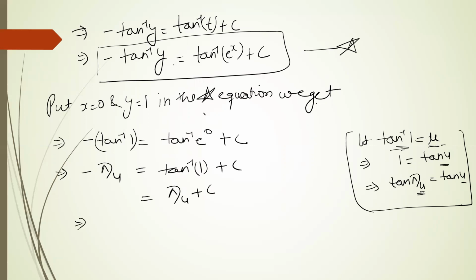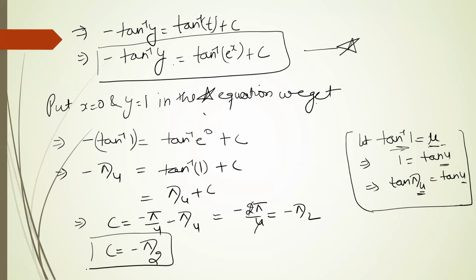So if you can see here, you will get c equals to minus of pi by 4, and this also goes to the other side. You will get minus of pi by 4, which will give you minus of 2 pi by 4, which can be written as minus of pi by 2. So the value of c is minus pi by 2.